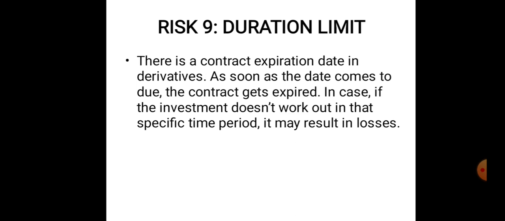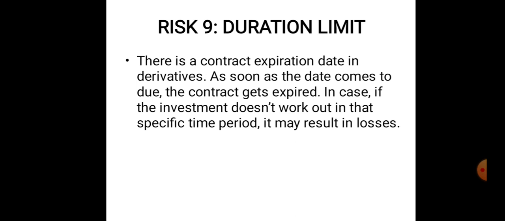If any conflict or mismatch happens in the mind of an investor, then they will be ready to end the contract as and when they wish. In that situation, this duration limit is one of the biggest risks.